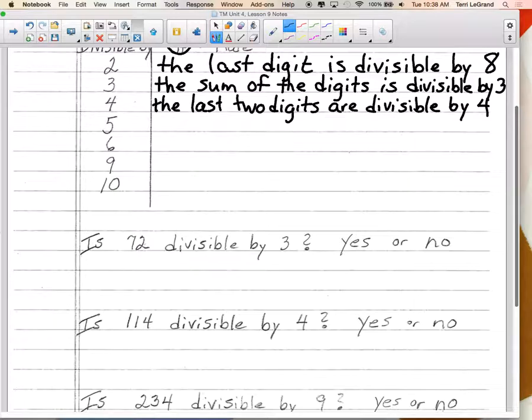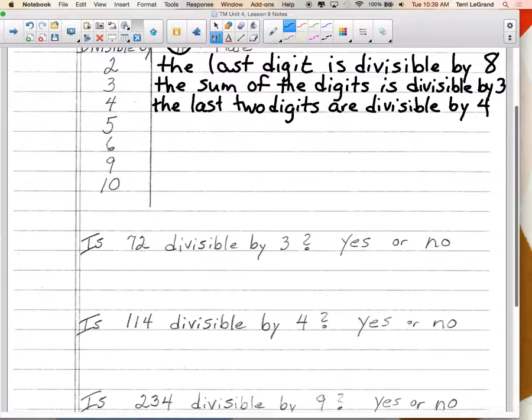Okay? 5. Anybody know the divisibility rule for 5? I bet you know this one. How do you look at a number and know that it is divisible by 5? I know you know this one. Sylvia? If the last number is divisible by 5, we can even narrow it down more than that.